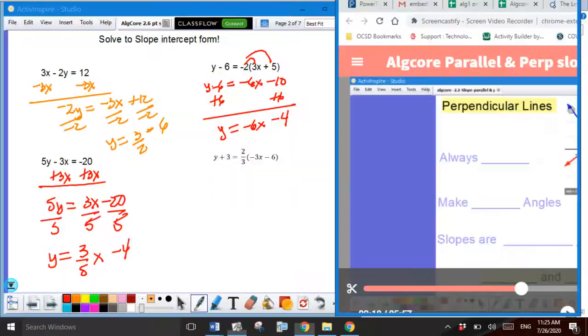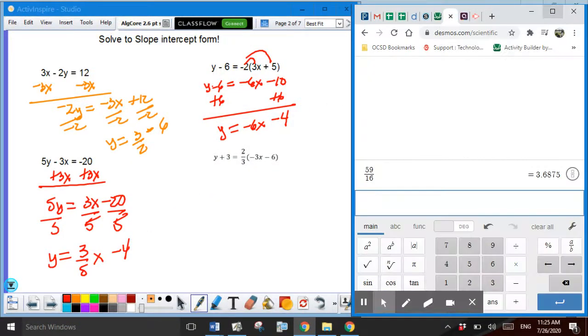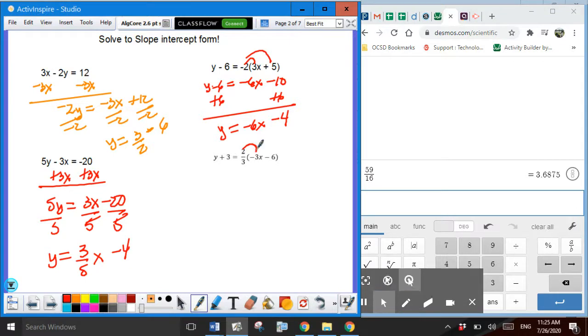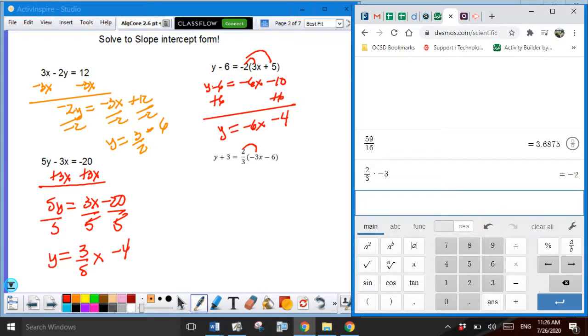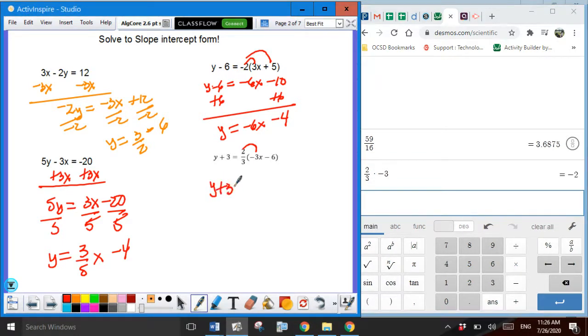And I'm going to go ahead and pull up my calculator here to help us on this next one because I see fractions. So I need to multiply. So I have 2 divided by 3, and I'm going to multiply that times negative 3. So make sure that you move over and away from that fraction. And that gives me a negative 2. So I have y plus 3 equals negative 2x.